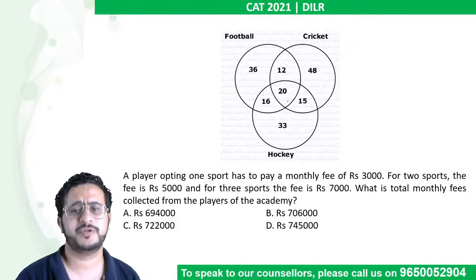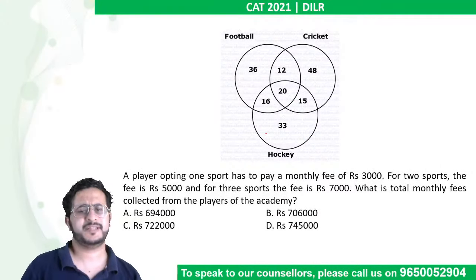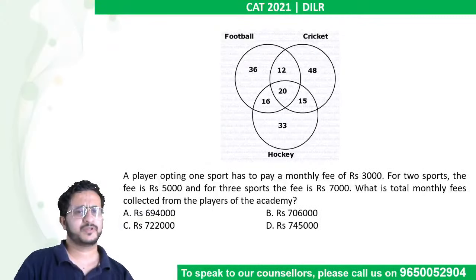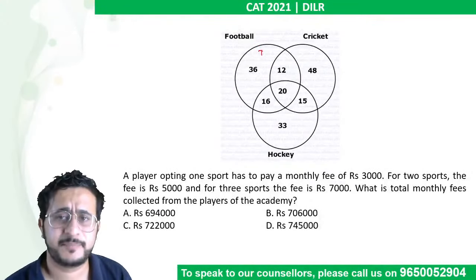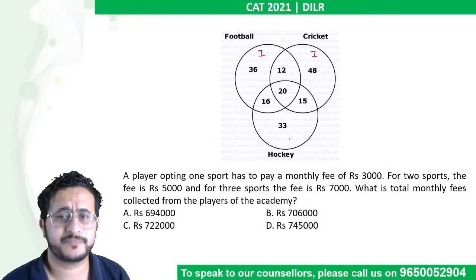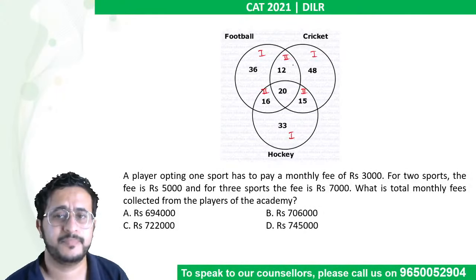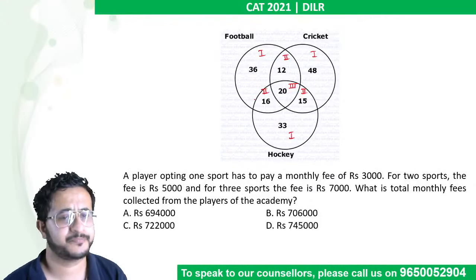Okay, you have to tell how much is the total monthly fee collected. So for those who do not know how to read a Venn diagram, these are the players that play only one sport, right? These people play 2 sports, and this is the set of players that play all three sports.